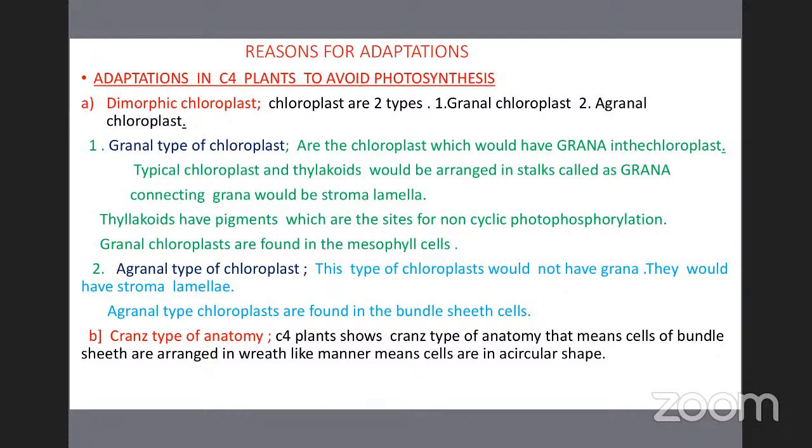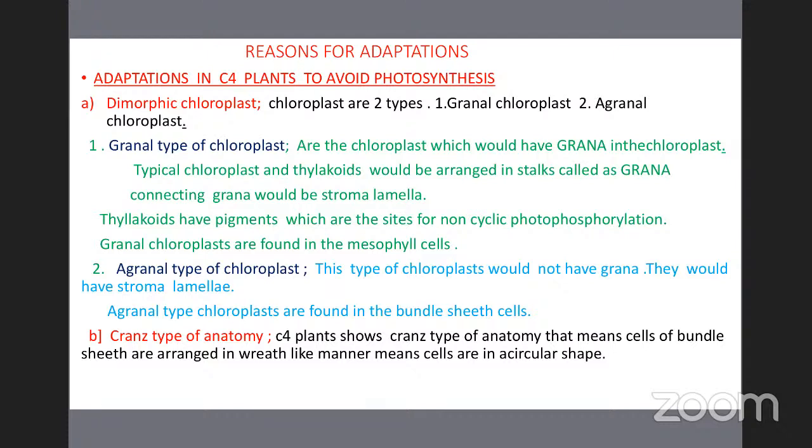And because of the lack of these granule stacks, pigments are not available in this type of chloroplast. So if the pigments are absent, then they are not able to perform light reaction. Instead of light reaction, by having this stroma lamellae or stroma, these agranule chloroplasts are very suitable sites for performing the C3 cycle.